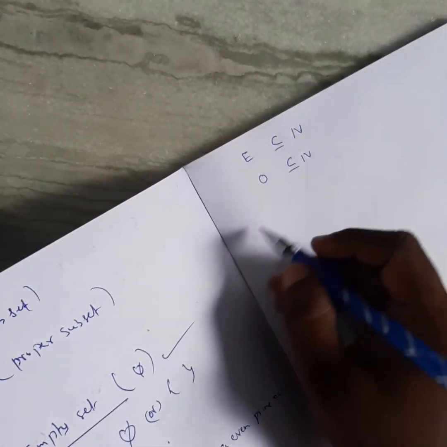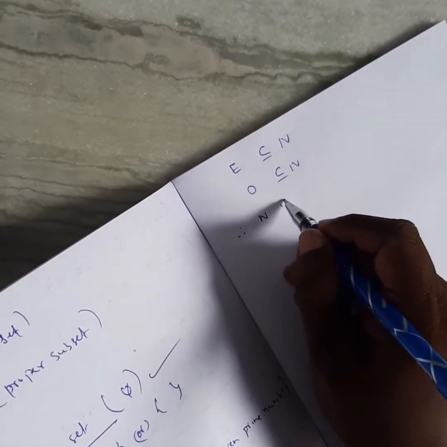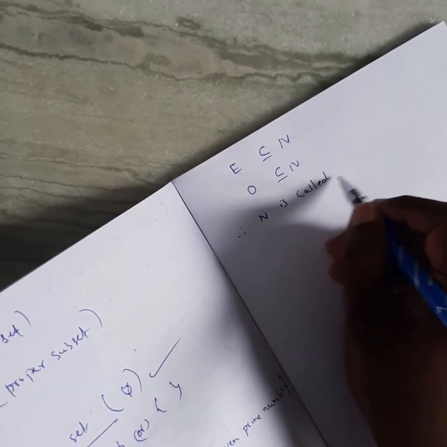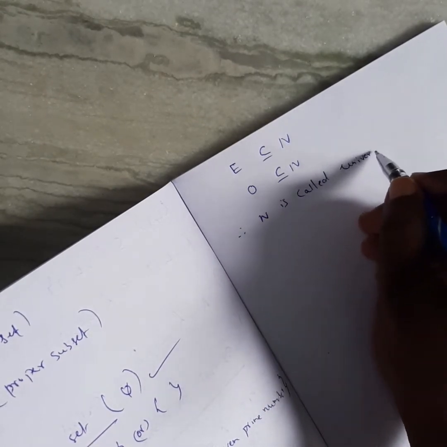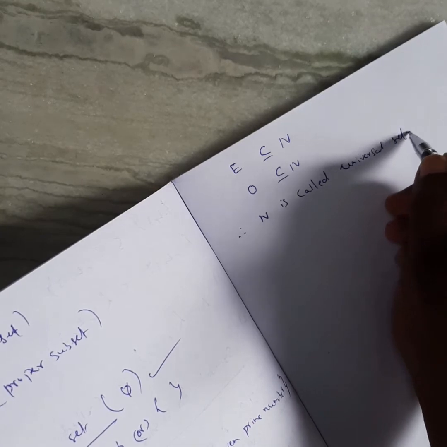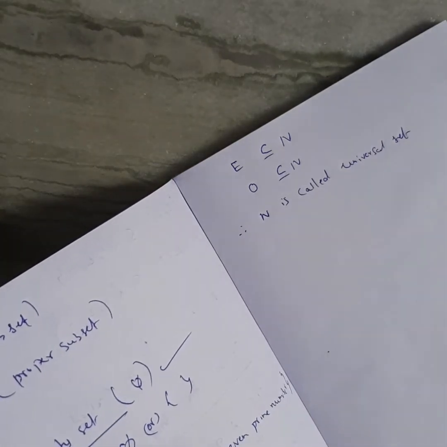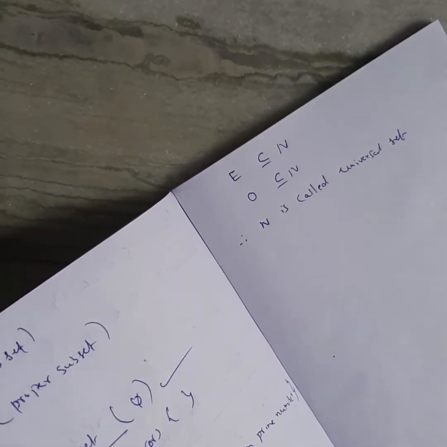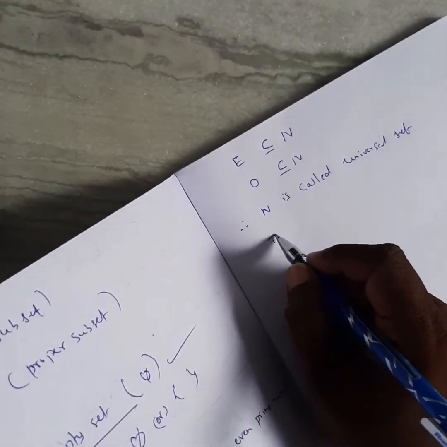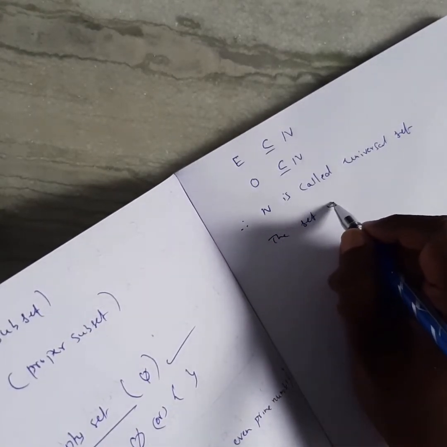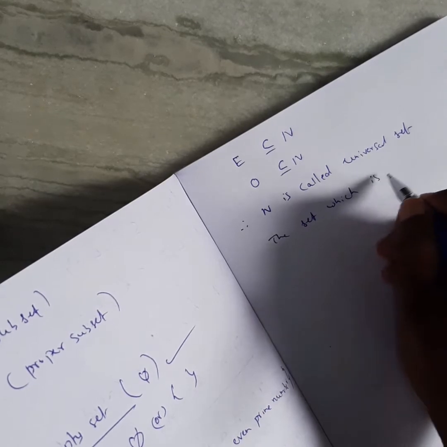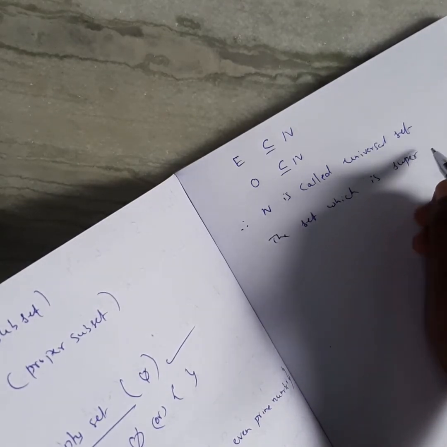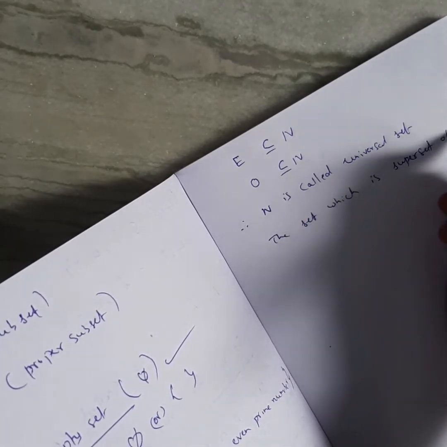That's why N is called the universal set. The set which is a superset of all the others. Superset means big set, the set which is a superset of all given sets.